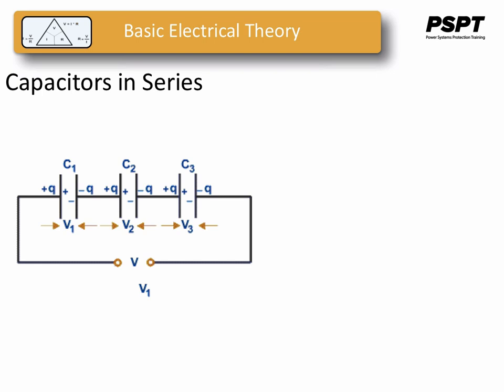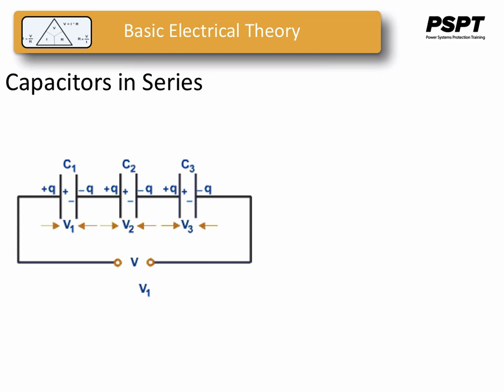Let's see what happens when we connect up capacitors in series. As we see here, we have C1, C2, C3 in series with a DC supply voltage. As the voltage is applied to this series circuit, charges will tend to flow and migrate. What happens here is the charges will be equal.